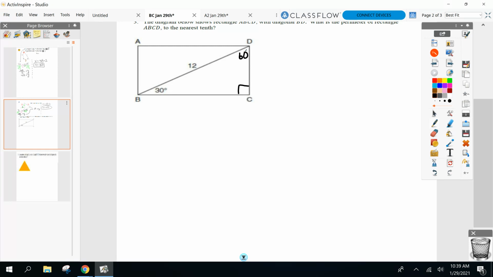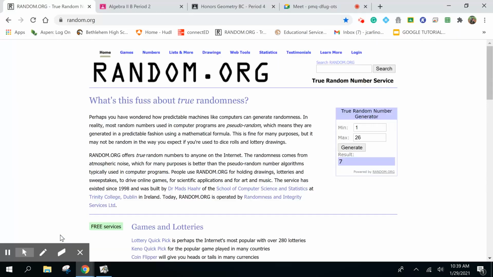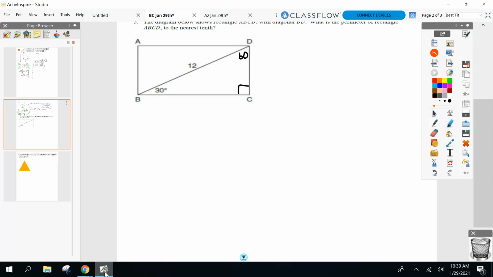All right, rectangle, find the perimeter. So you've got to help me find the sides. Omni, what is the 12 acting as in that 30, 60, 90? The hypotenuse. Okay, so I'm going to call the shorter leg X and the longer leg Y. I know there's some rule about hypotenuse and shorter leg.